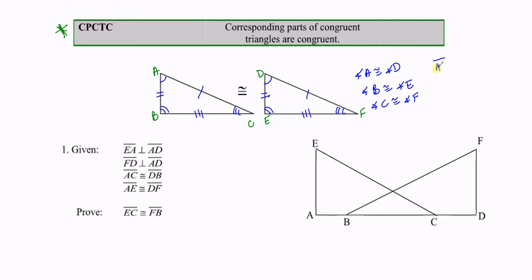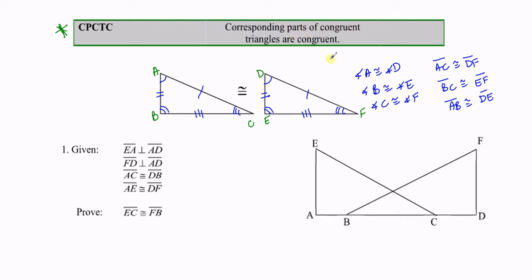That means side AC would be congruent to side DF, side BC would be congruent to side EF, and side AB would be congruent to side DE. So together, the three pairs of corresponding angles and the three pairs of corresponding sides would all be congruent. And those together are what we call the corresponding parts.